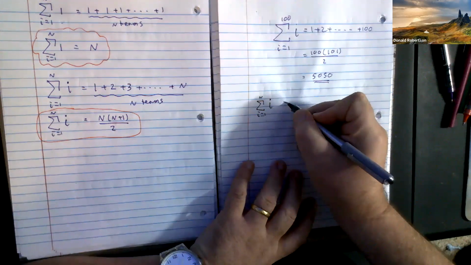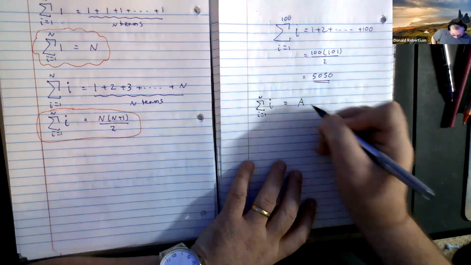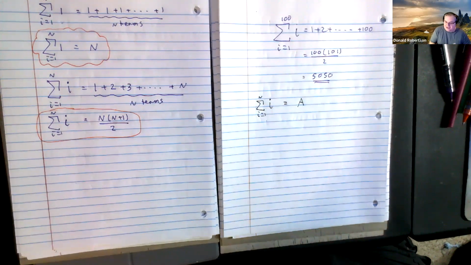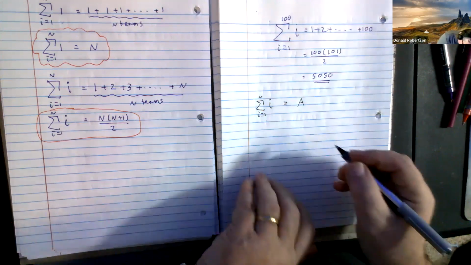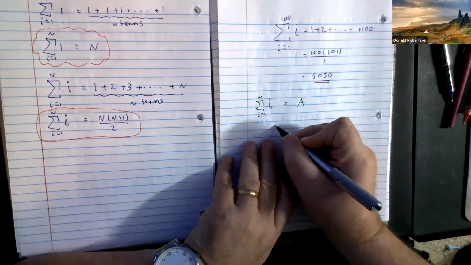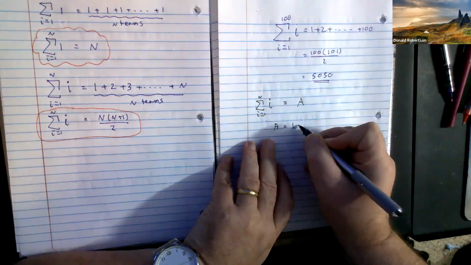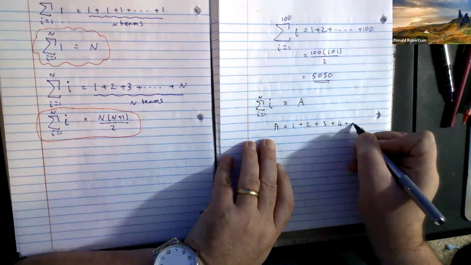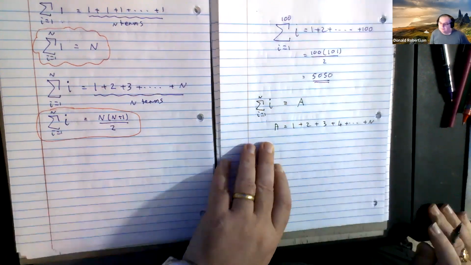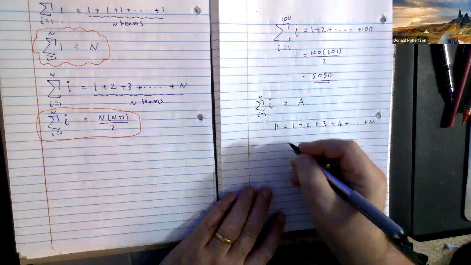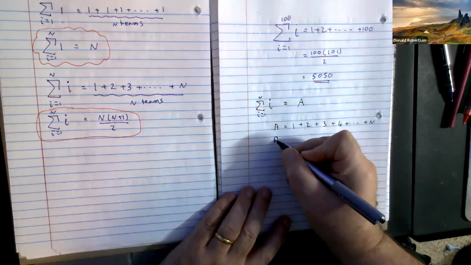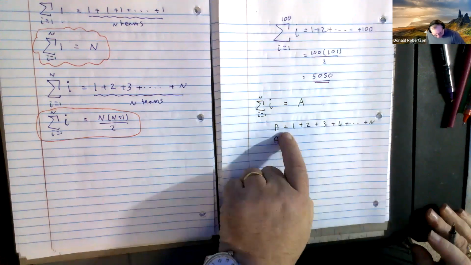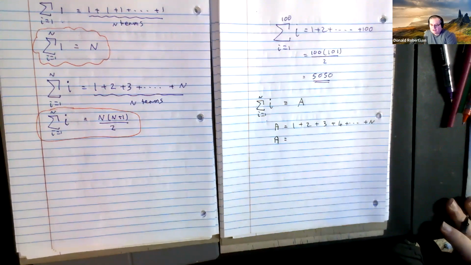Let's call this thing A. Right, so the answer is A. Now, what do I know about it? Well, I know that A is 1 plus 2 plus 3 plus 4, and it finishes at n. Agreed? And then he said, if you add up a whole load of numbers, can you add them up front to back or back to front?